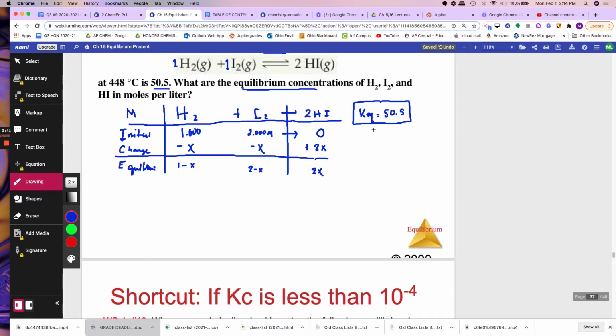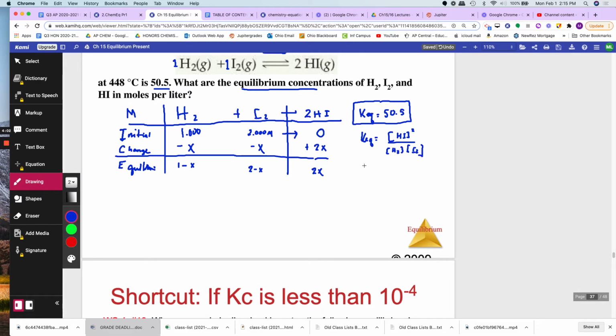So the equilibrium constant is this, which is equal to HI squared over H2 times I2.